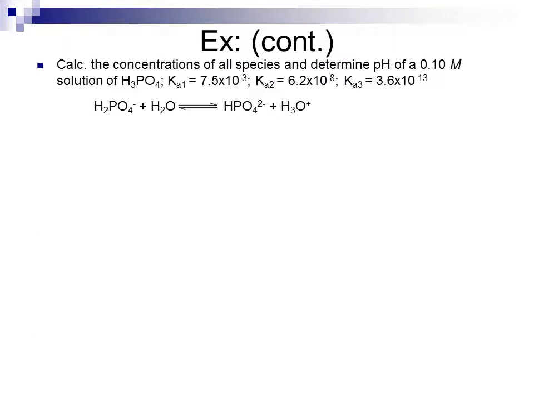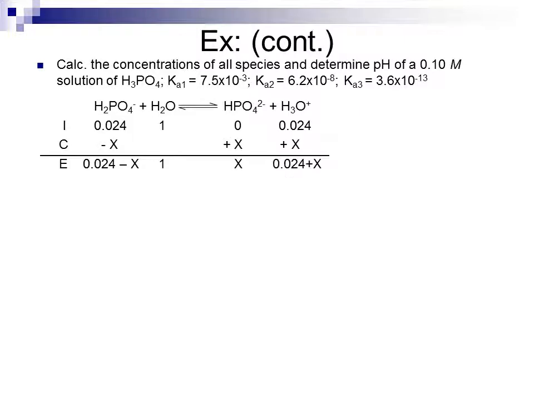Moving on to the next ionization, H2PO4- ionizing to HPO4 2-. We have an initial concentration of 0.024 for H2PO4- that we just calculated in the previous step, and an initial concentration of H3O+ at the same 0.024. Our changes are still minus x and plus x.